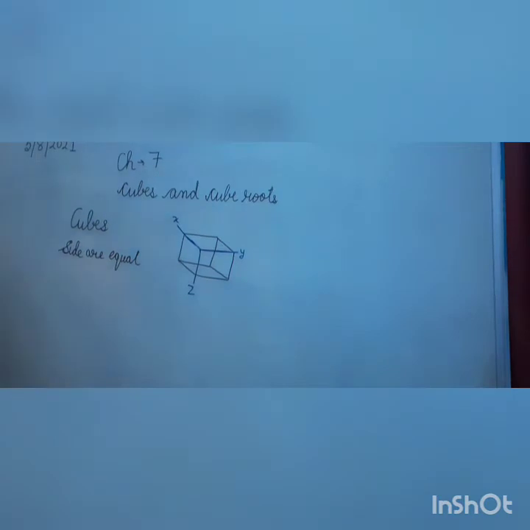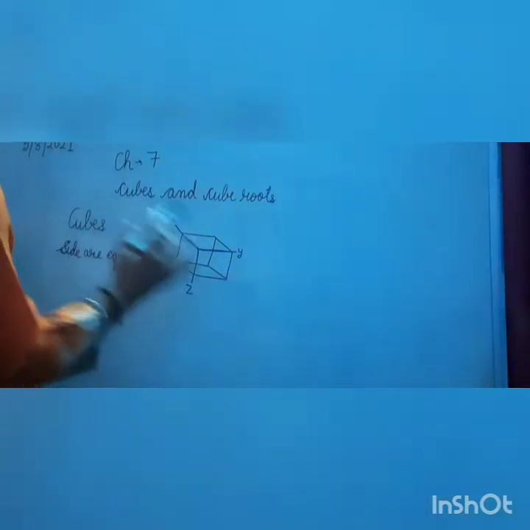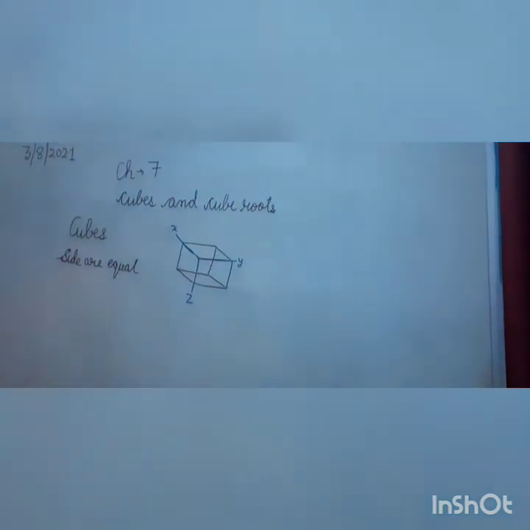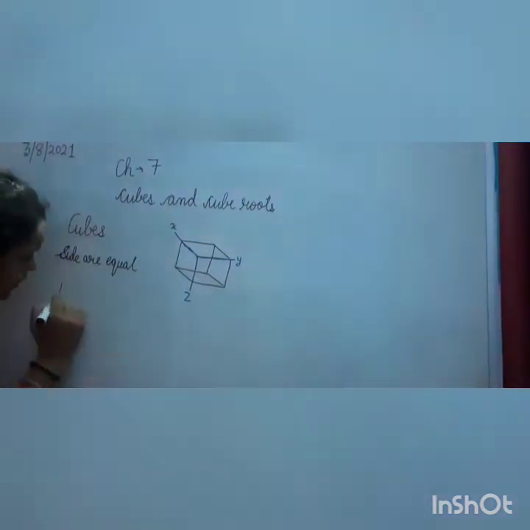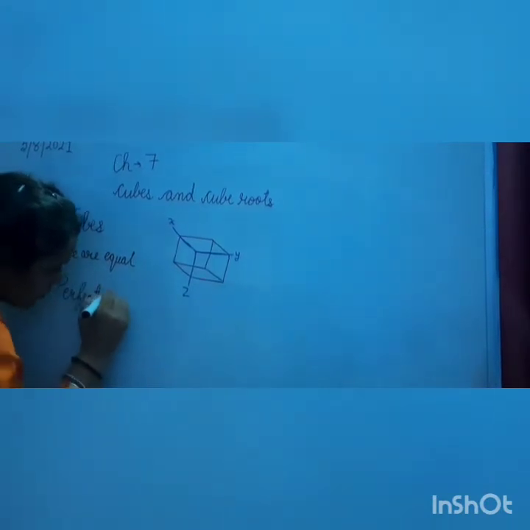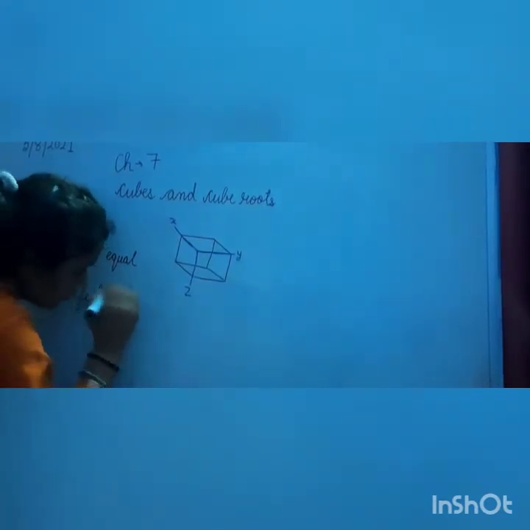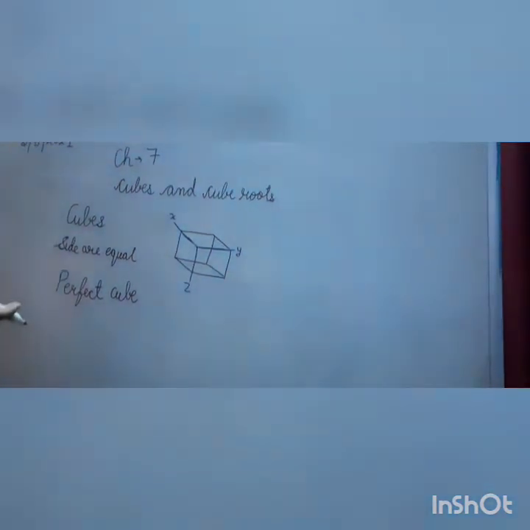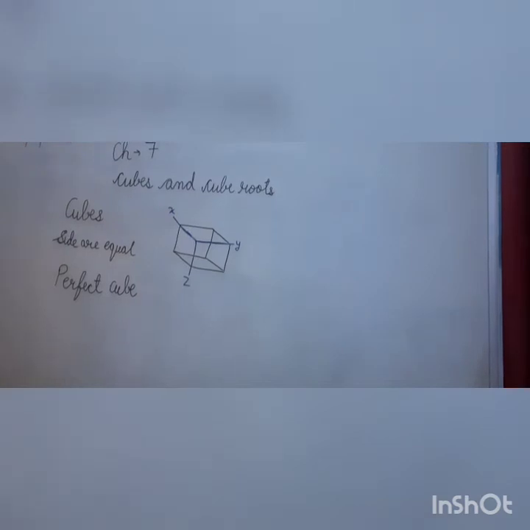Okay class, this is cube. Now your next topic is perfect cube. What is perfect cube? When a number is multiplied by itself 3 times, it is known as a perfect cube.